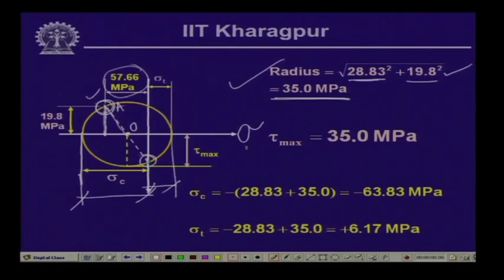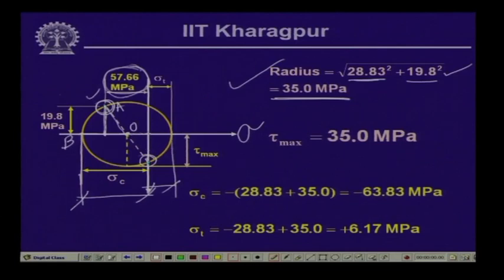Now, what we need to do is compute the value of the maximum compressive stress and the maximum tensile stress. Maximum compressive stress, as you can see from this diagram, let us call this point B. So, OB is equal to half the stress of 57.66 plus the radius.